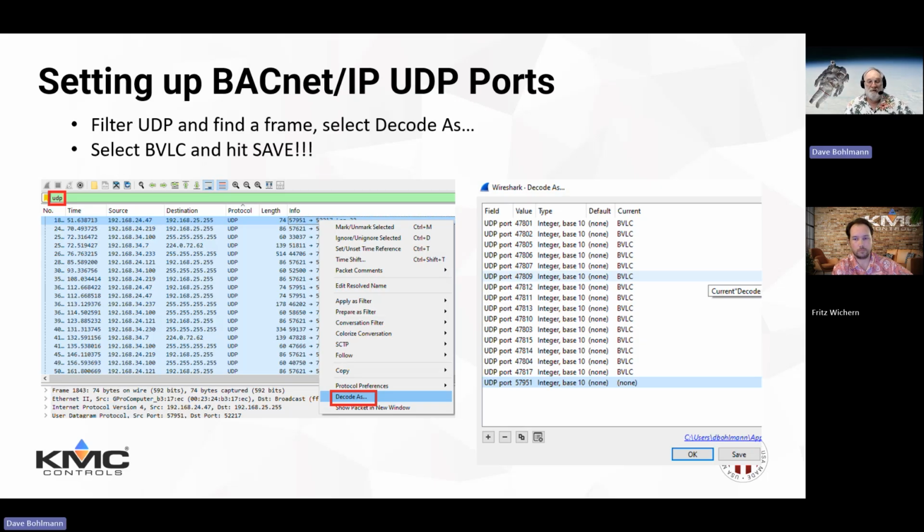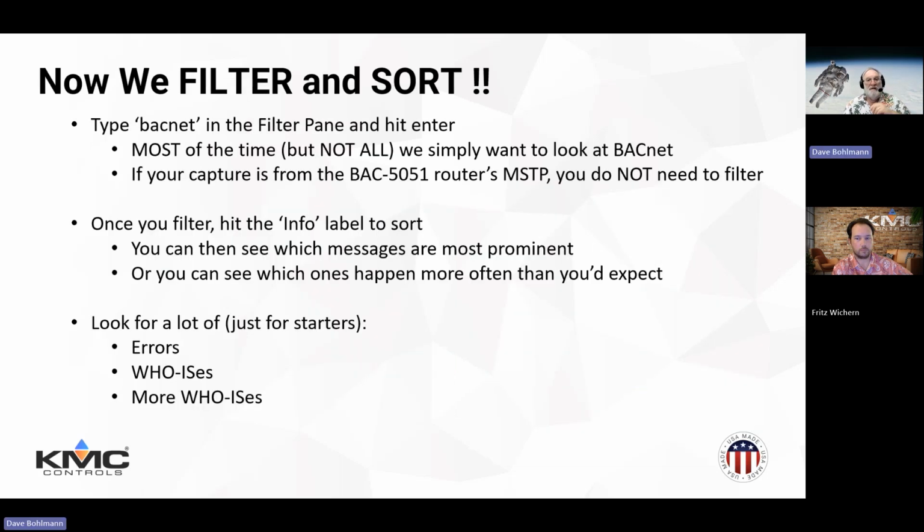You have to do that in order to make sure that you're seeing all your BACnet traffic. Once you've started and stopped your capture, now you want to filter it, and sometimes you want to sort. A lot of times that's just what I do.